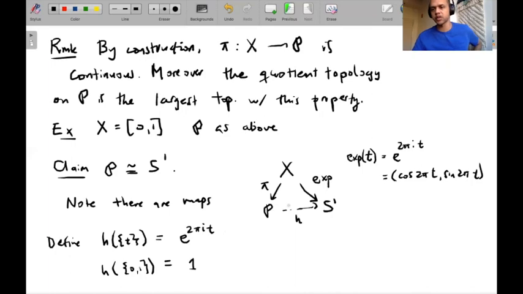I'm switching back and forth between thinking of this as an element of the complex numbers and as an element of R squared. If we were working in R squared, this would be (1, 0).